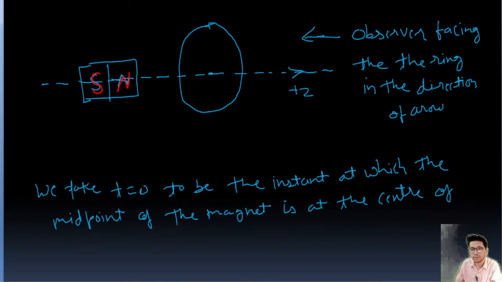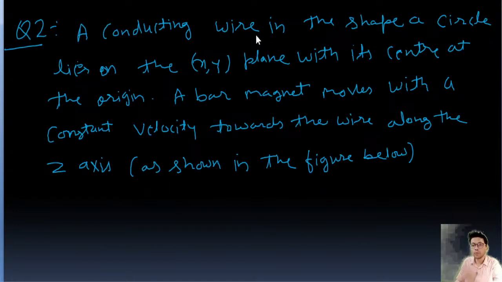So now I will explain the question. Okay, so the question is this one, guys. A conducting wire in the shape of a circle lies on the xy plane with its center at the origin. A bar magnet moves with constant velocity towards the wire along the z direction as shown in the figure.